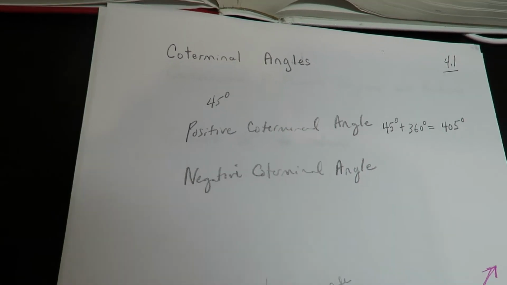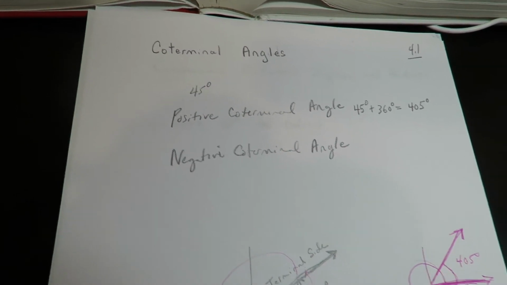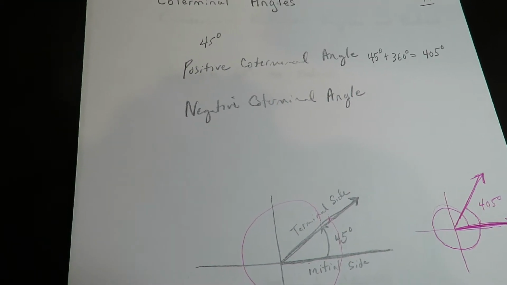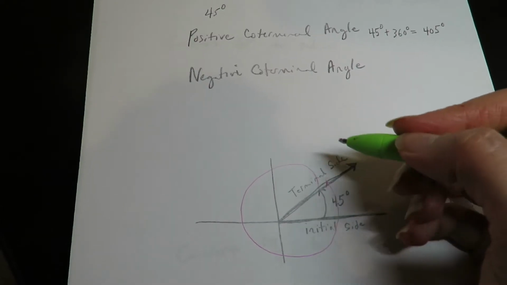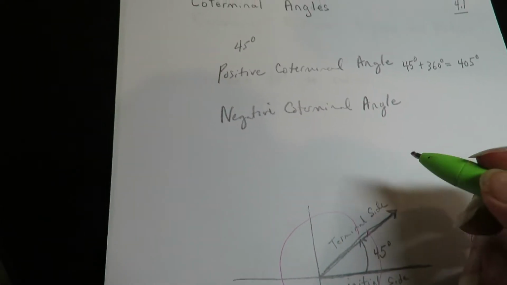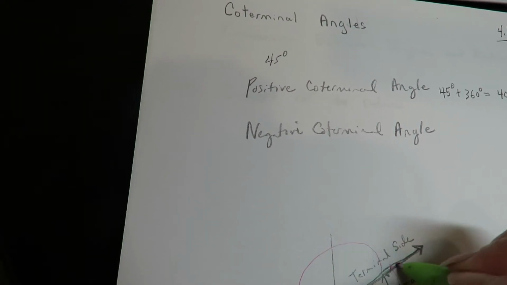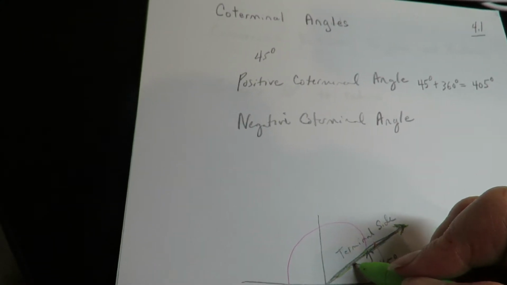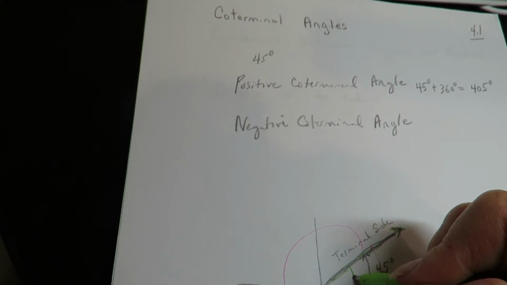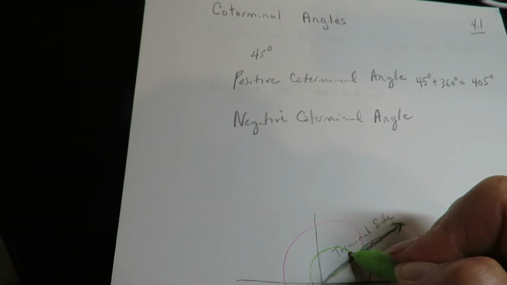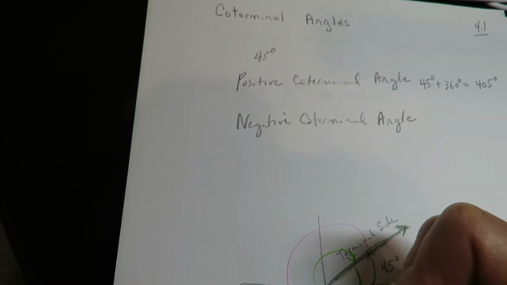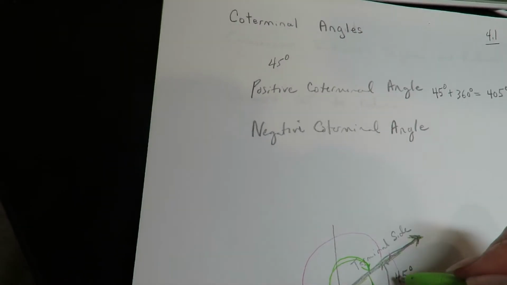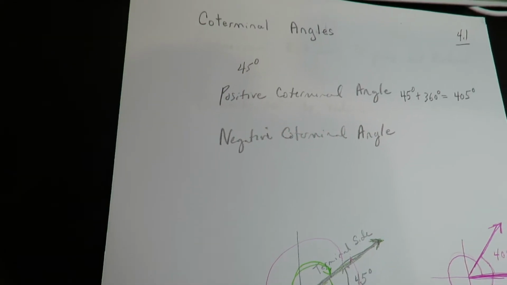Then you can probably guess for a negative coterminal angle, you would start. For negative, you have to go clockwise. Negative angles are clockwise on rotational trig. So for a negative coterminal angle, you're just going to wrap around in the opposite direction. You want to get back to the terminal side, but going the opposite way.